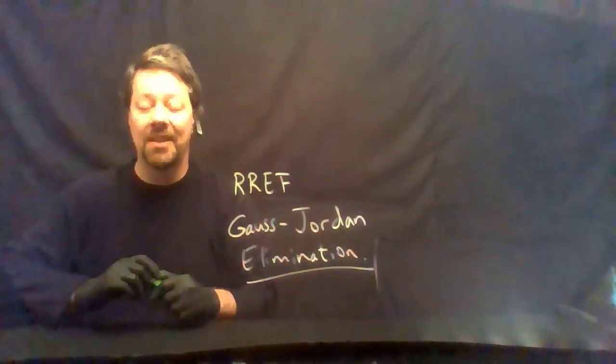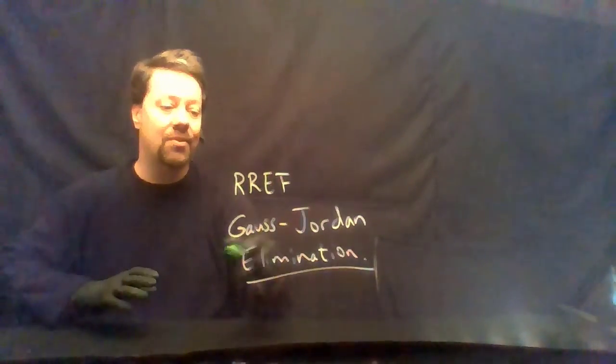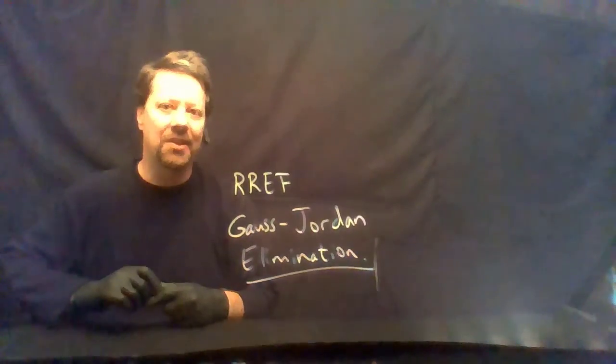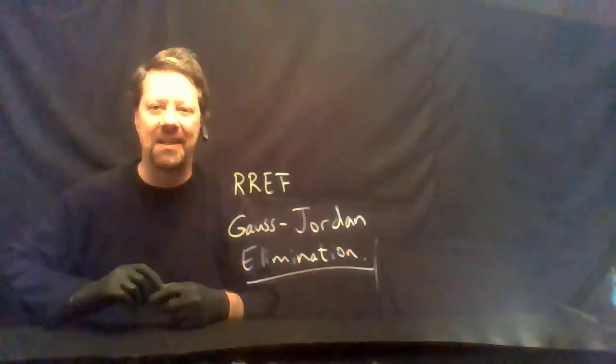Which is nice because if you go all the way down to Gauss-Jordan reduced row echelon form, you can usually just read the solution right off of the augmented matrix. Next time, we'll get a little more into matrix algebra.